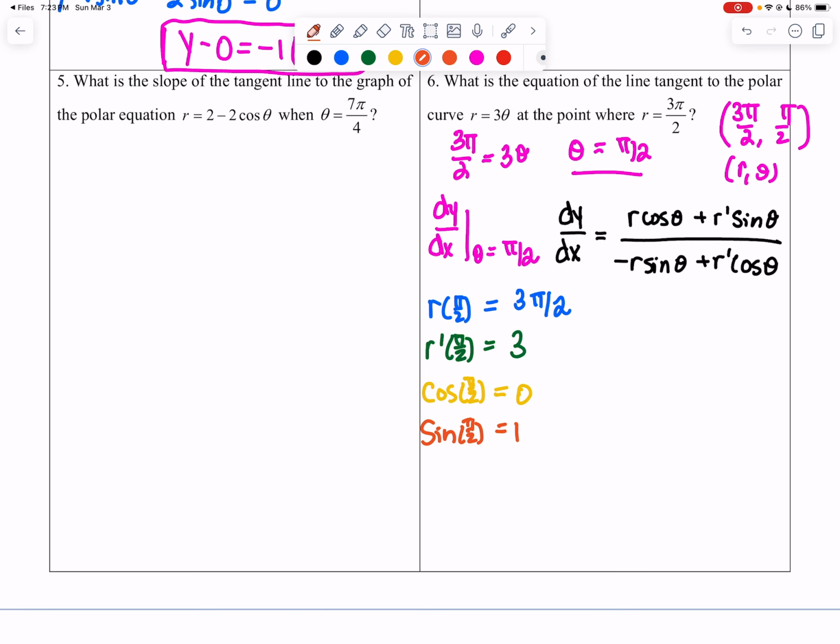So now I have 3 pi over 2. Cosine of pi over 2 is 0. So that is going to be 0. R prime of pi over 2 is 3. Sine of pi over 2 is 1. All over negative 3 pi over 2.